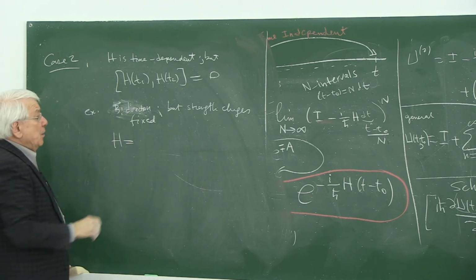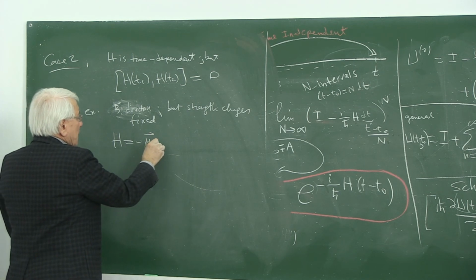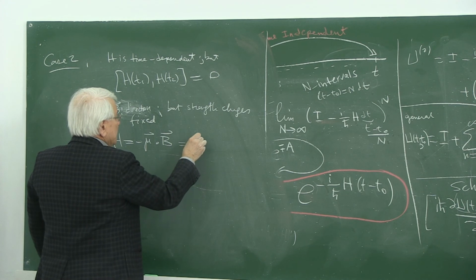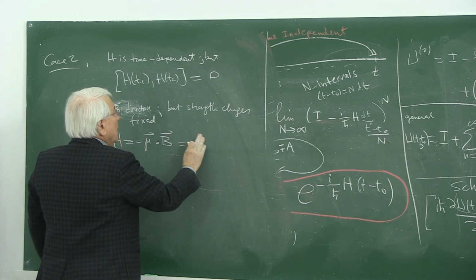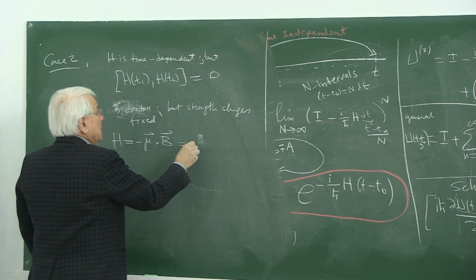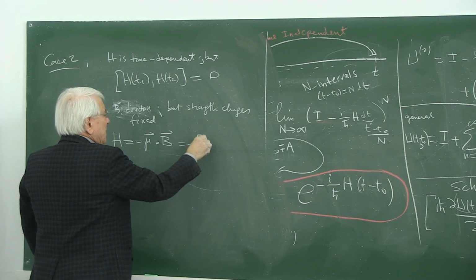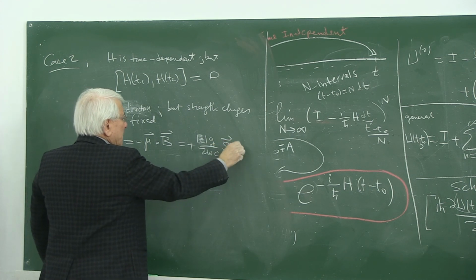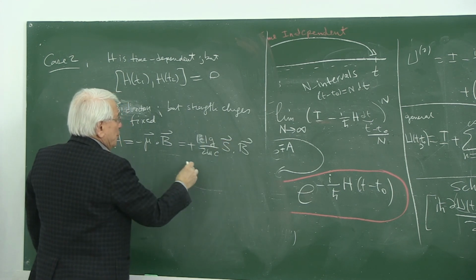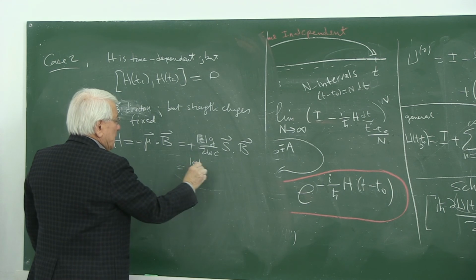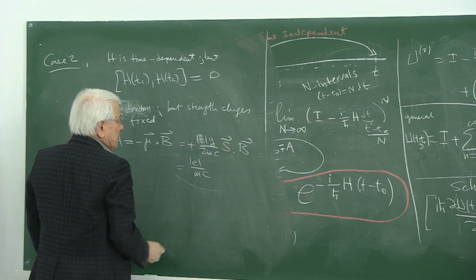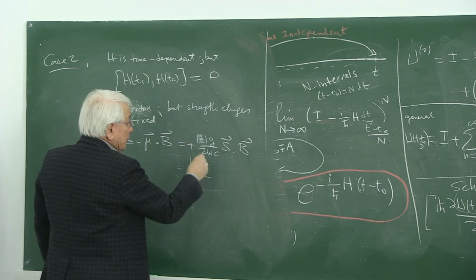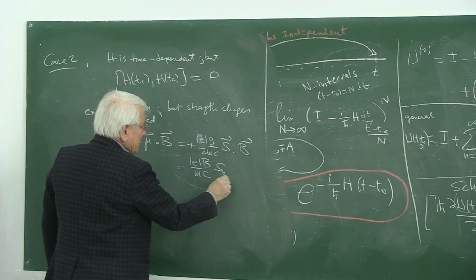Spin in an external magnetic field is minus mu dot B. So what is it? Minus q... Well, if it is an electron, then plus e g divided by 2mc S dot B. g is 2 for the electron, so e divided by mc. And if it is fixed in direction, we can choose it to be the third direction, B S_z.